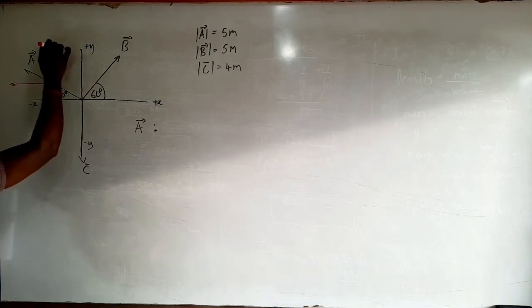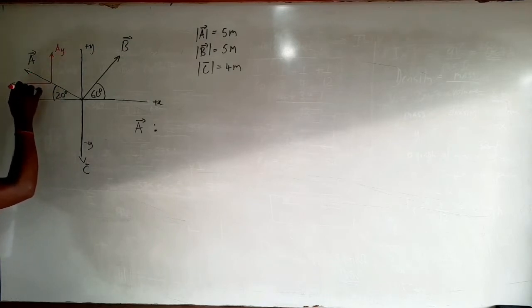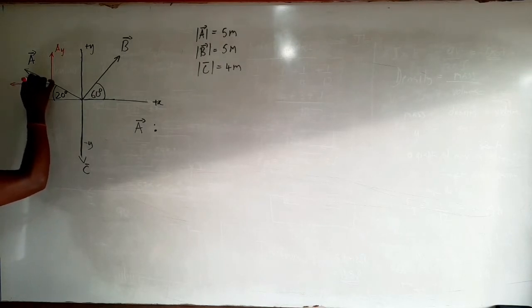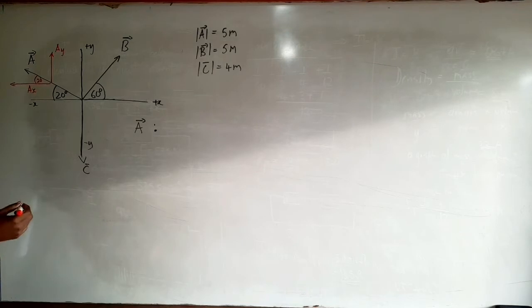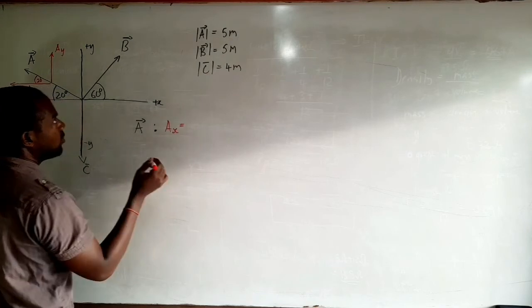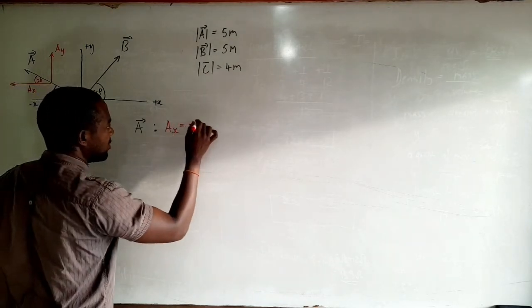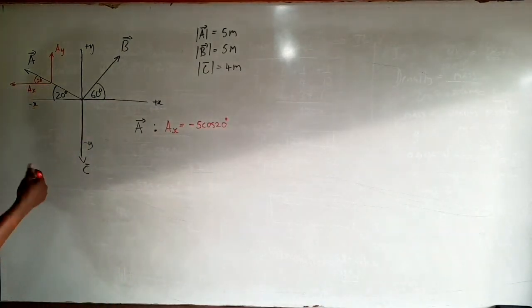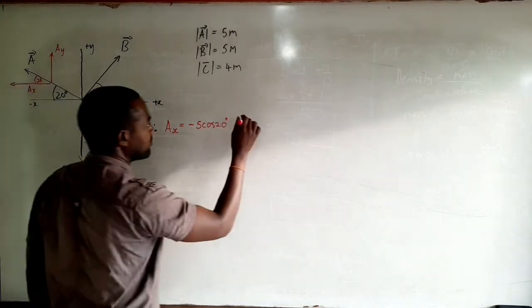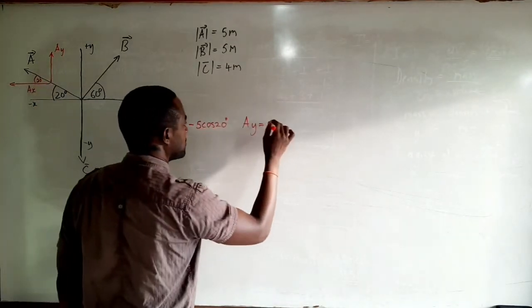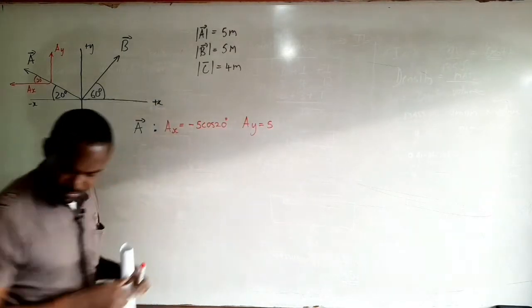We'll call this component Ay and this component Ax. And of course this angle is still 20 degrees. So for vector A, its x component is given as Ax equals minus 5 cos 20, because generally vectors in the negative x direction are treated as being negative. For the y component, we have Ay equals 5 sine 20 degrees. Let me just put some space for the actual magnitude here.